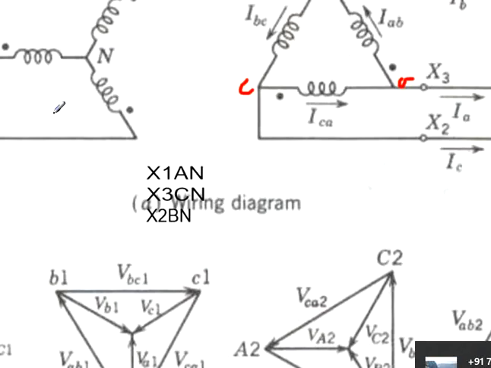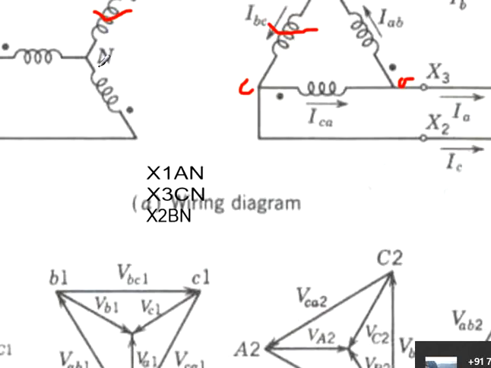Now, since these windings are connected in parallel, when you convert this into star, this and this will be parallel. That means my H1N will be equal to X1N. The current enters here, this terminal is B here. So here it is also entering, here it is also entering.